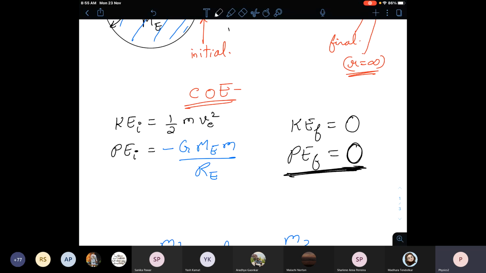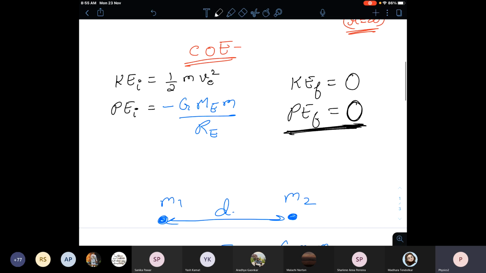Acha. Now you have initial and final potential energy, and you have initial and final kinetic energies. So you can apply conservation of energy. What is conservation of energy? Kinetic energy initial plus potential energy initial is kinetic final plus potential final. Just replace the values and you will get the result of escape velocity.